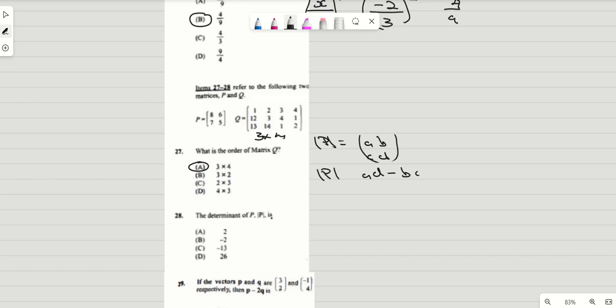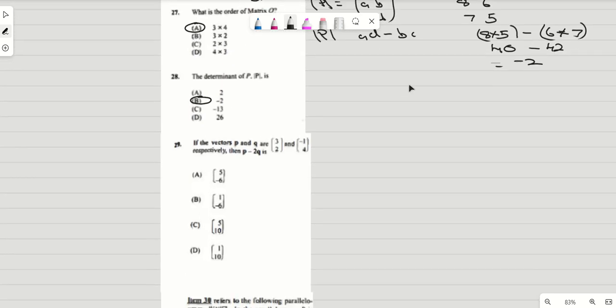So let's put that. We have 8, 6, 7, 5, so it would be 8 by 5, right, minus 6 by 7. 8 5s are 40, 40 minus 6 7s are 42, so you get minus 2. So your answer is B.